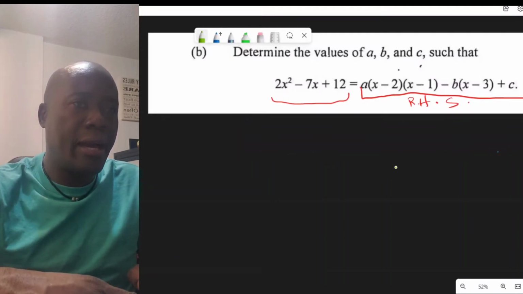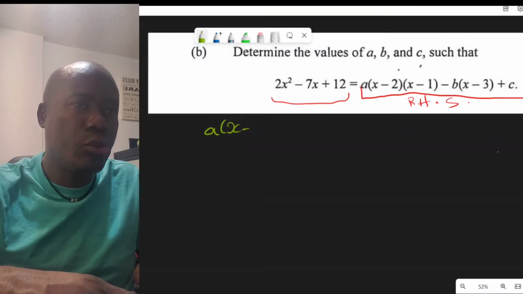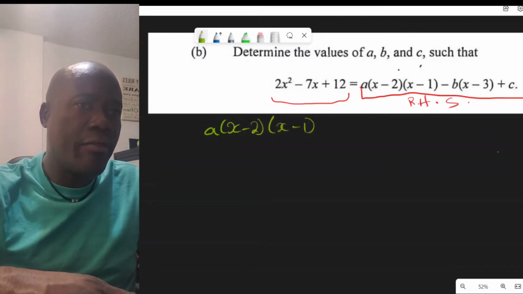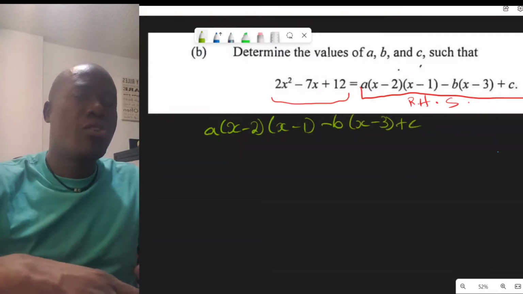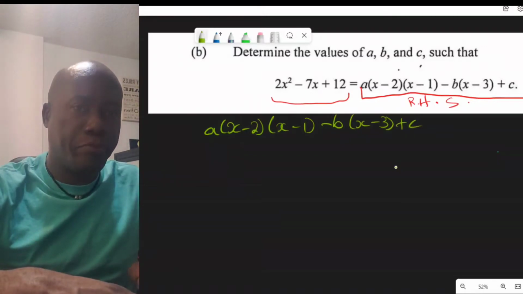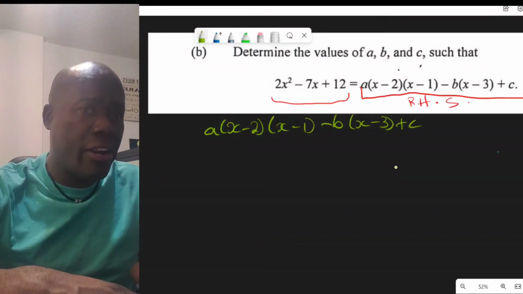So definitely I'm looking at a open bracket x minus 2, and then we have x minus 1, we have minus b, x minus 3 plus c. So what we want to do is to expand. In expanding this, there are a number of ways we could do it. I could keep the a here and expand what is inside here.